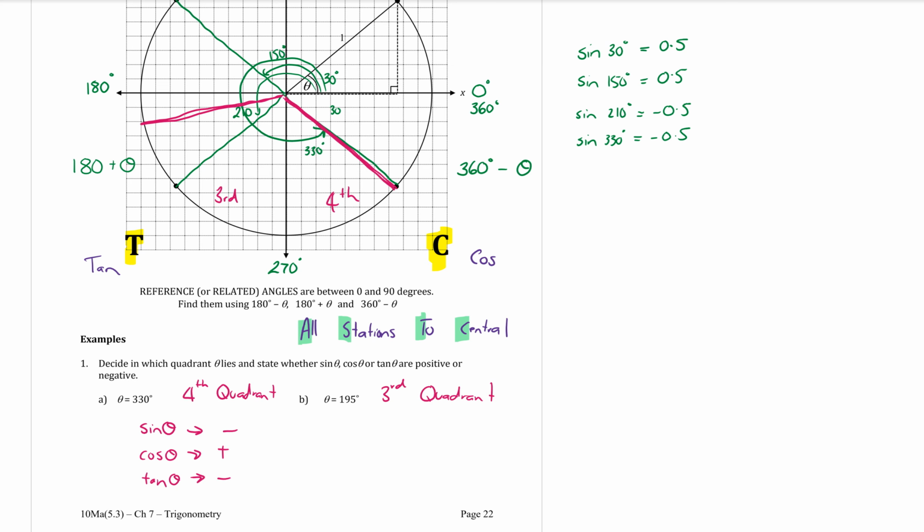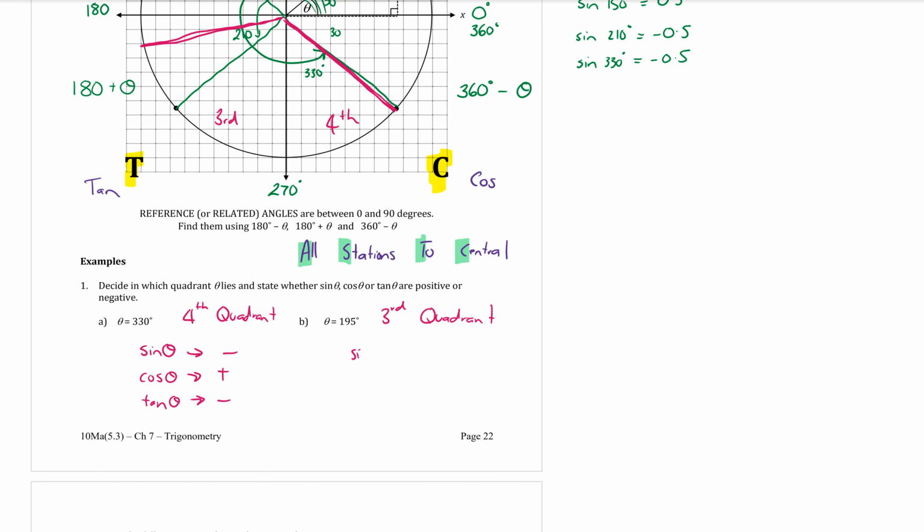So what is going to happen for sine, cos, and tan of something in that quadrant? Well, the third quadrant is known as the T quadrant or tan quadrant. Only tan is positive, the other two will be negative.